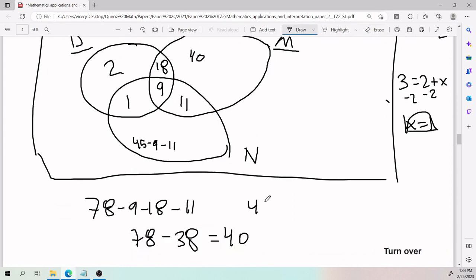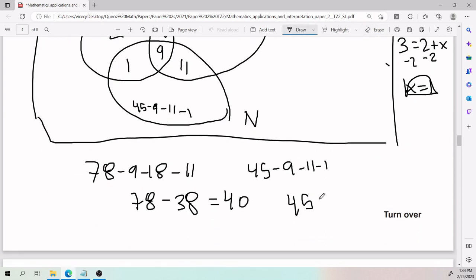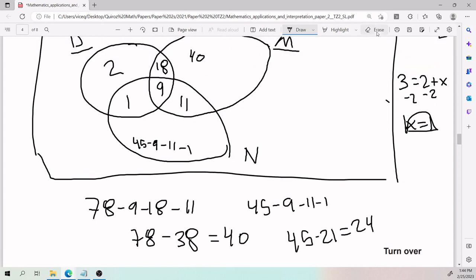And 45 minus 9 minus 11. Oh, and also minus 1. I missed this minus 1 here because of this guy. My bad. So we have 45 minus 9 minus 11 minus 1. It's going to be 45 minus 21, which gives 24. So this whole guy right here is 24.